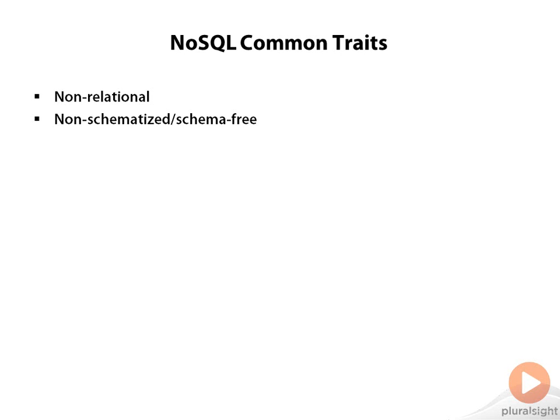When you go from one record to the other, you may find that the structure of those records actually differs. It may differ just at a detailed level. It may differ in a very fundamental way. And that is a very common trait of NoSQL databases as well. So again, the two you want to commit to memory really are the ones that you see up on the screen right here: the non-relational aspect of these products and the sort of liberal approach to schema.